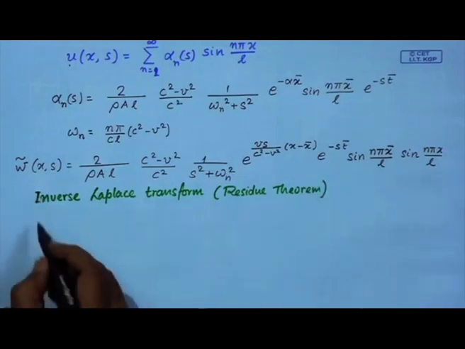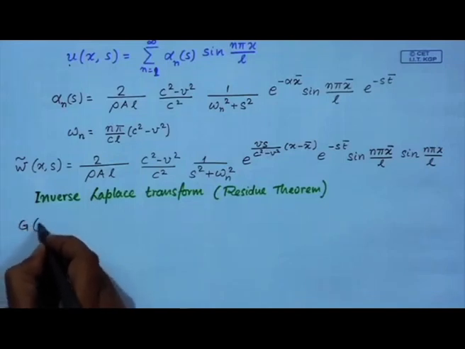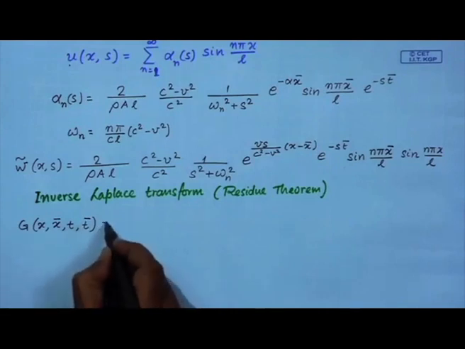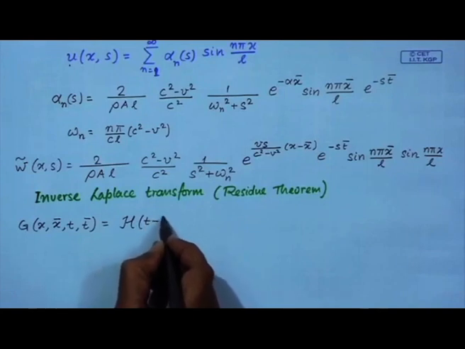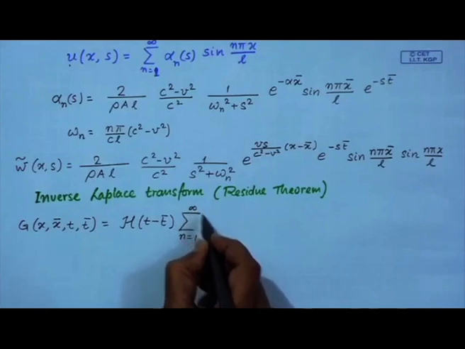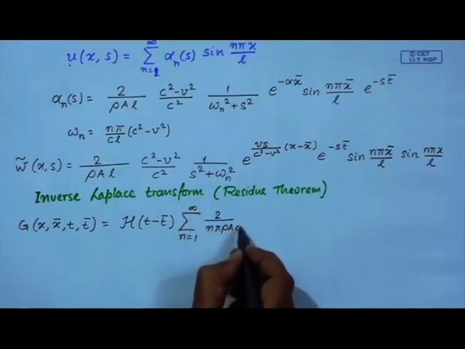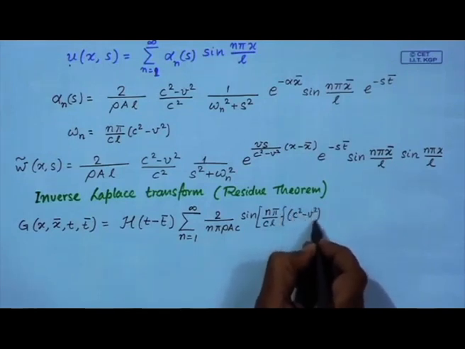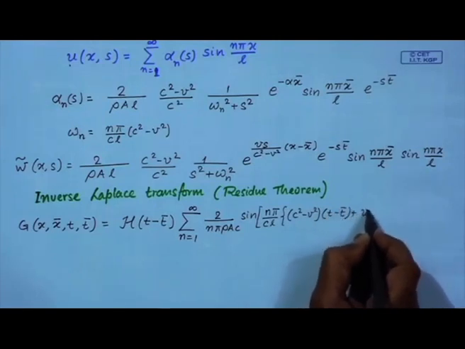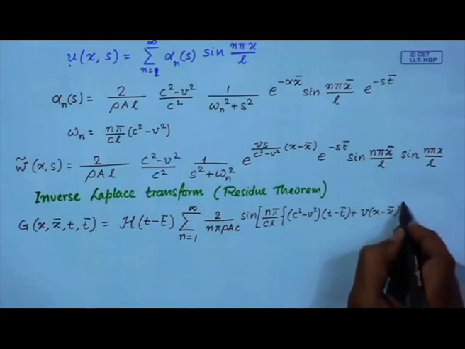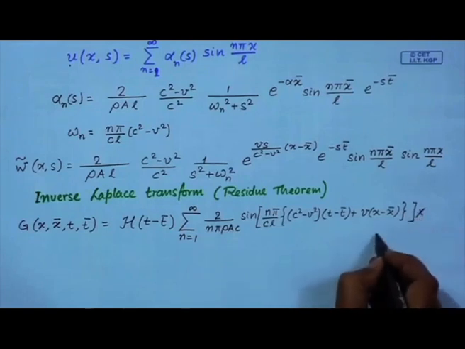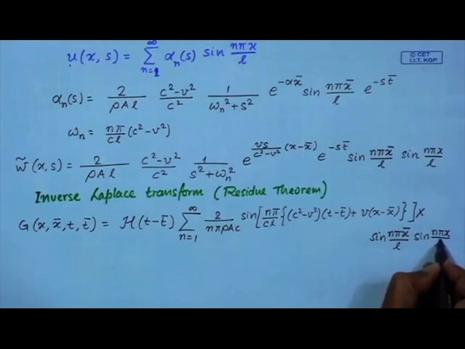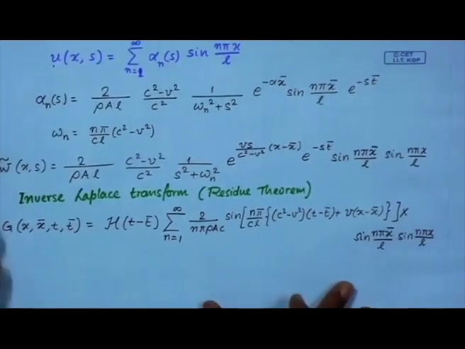if you do that, then this Green's function, so the solution is the Green's function, we can write this as this.